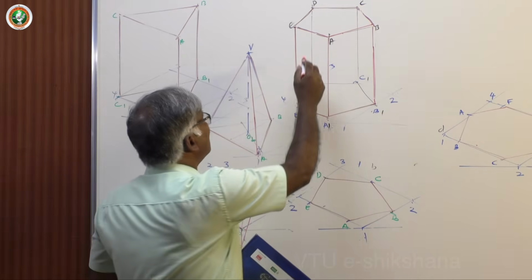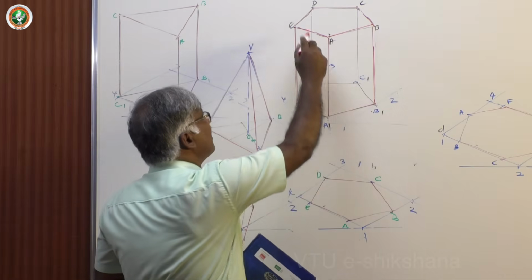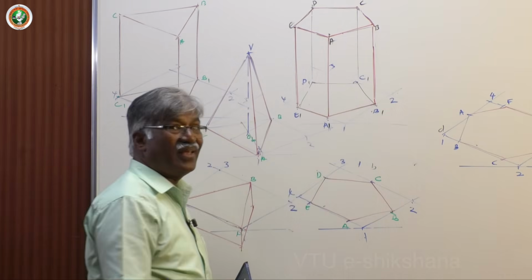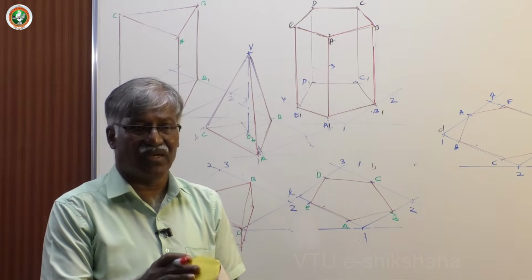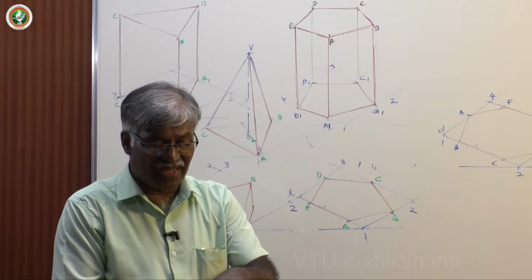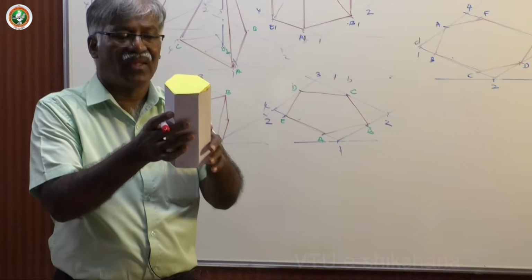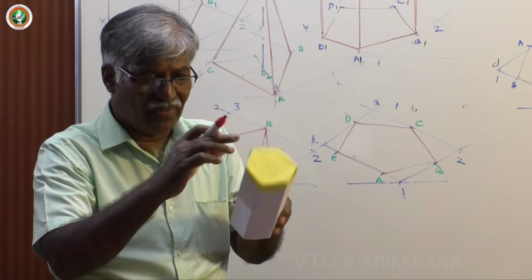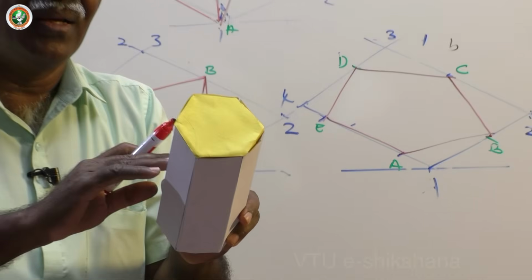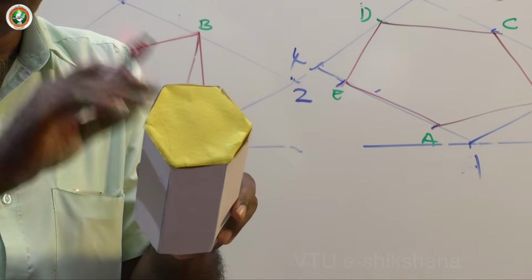Now what about DD1 and CC1? CC1 is crossing the visible surface. See, here I have the visible surface. Say, what about these 2 lines that are not visible? So this is visible. Whatever is available in front of you is visible. These 2 lines are visible because it is crossing this surface but not visible.